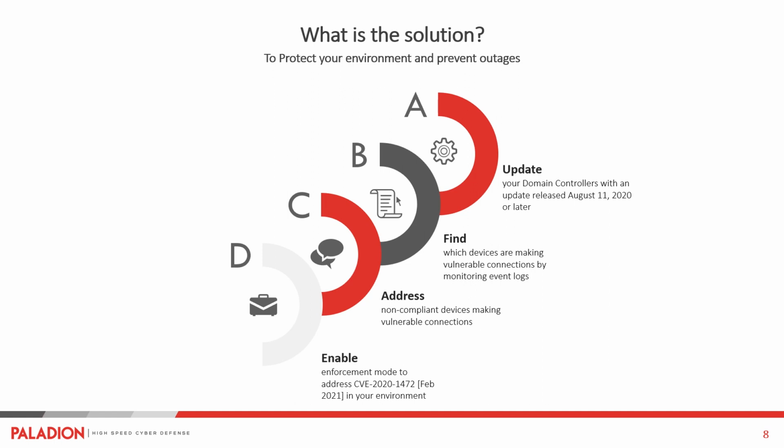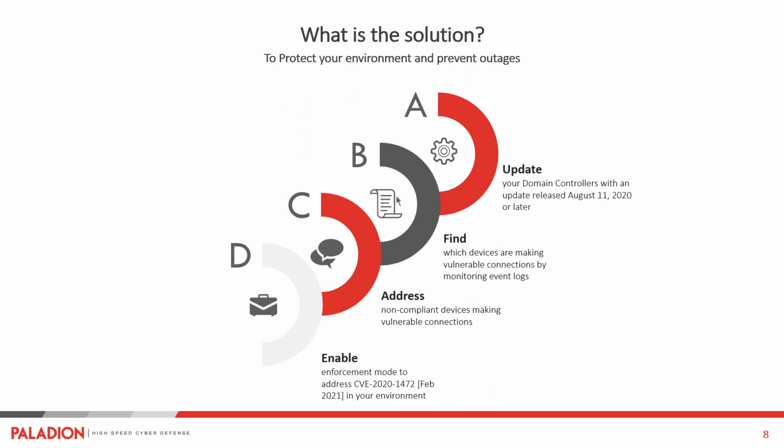So once you find those assets with the assistance of these event IDs, you will address them in one of two ways. Either you install the phase 1 patch, or you use the group policy Microsoft has released. This policy ensures that a non-Windows RPC connection from a trusted domain controller can be authenticated.